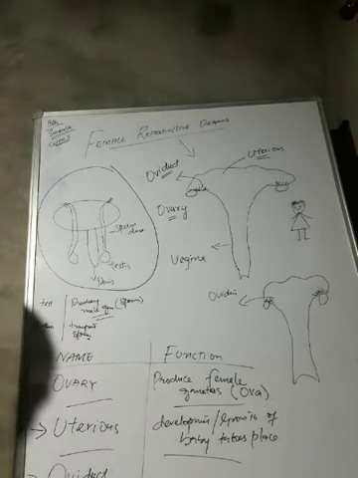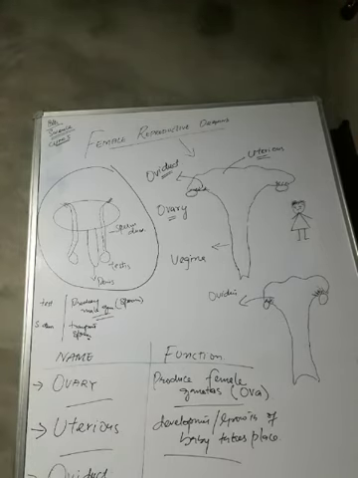This is also called the fallopian tubes, the second name of this one. This transports ova from ovary to uterus.